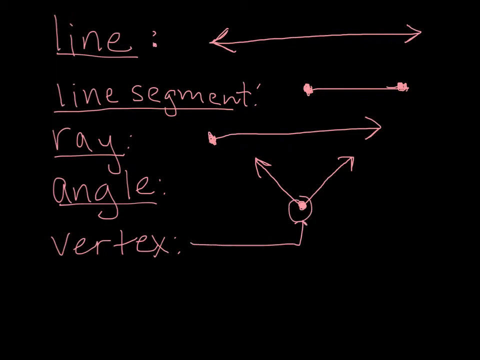So a vertex is that dot where the two rays meet, and then the angle is what's formed in between the rays. So from here to here, that's an angle. And again, if I put a little square into it, we know that it's a 90-degree angle. Only angles that have a little square near the vertex between the rays are 90 degrees. So if you see that symbol, that little square, and it doesn't actually say 90 anywhere, you need to know that it is 90.